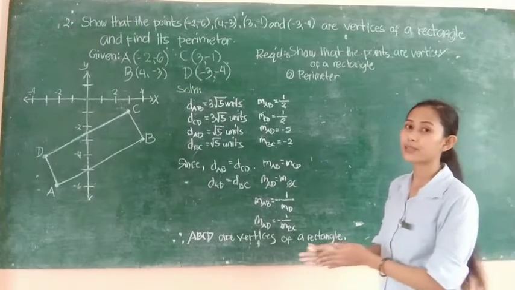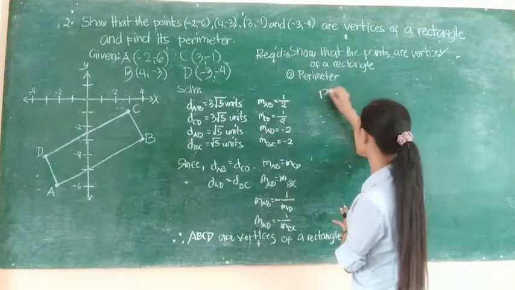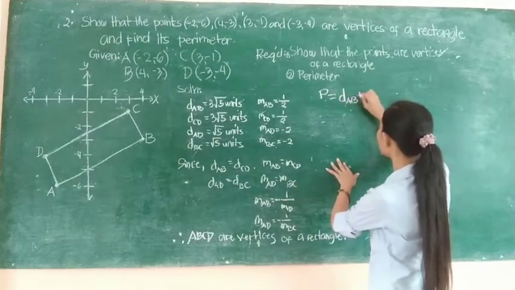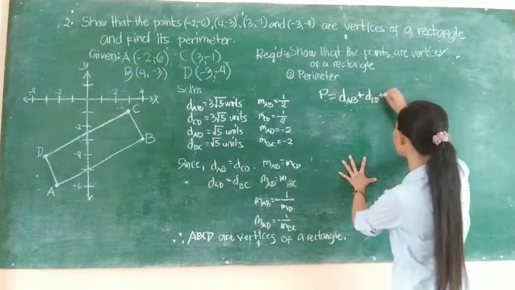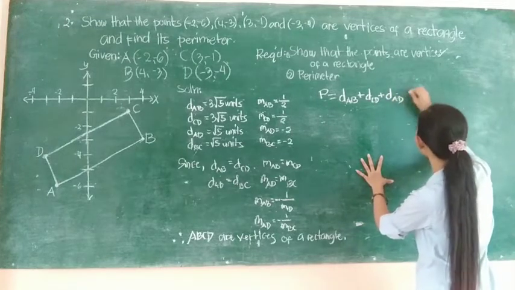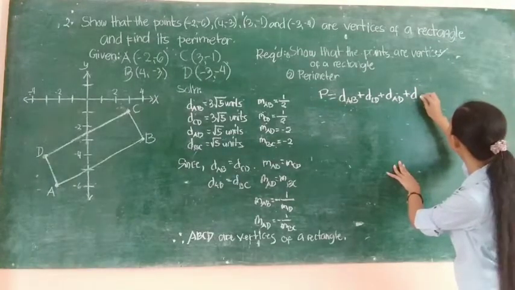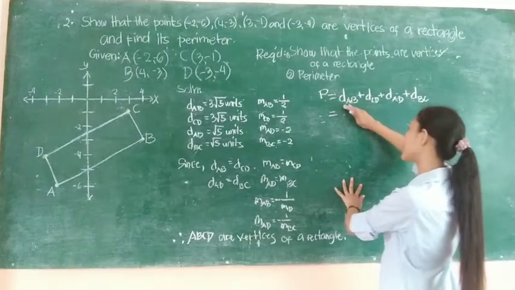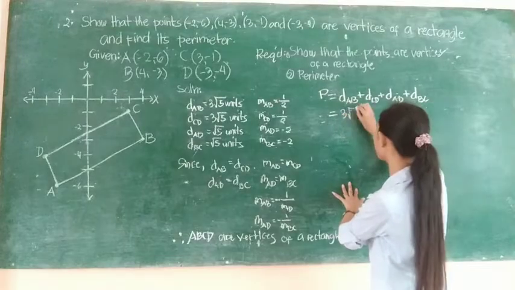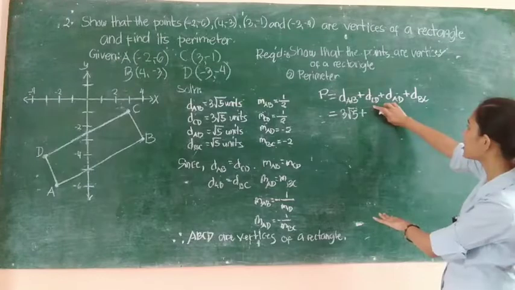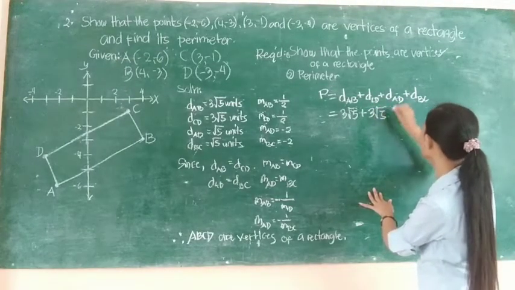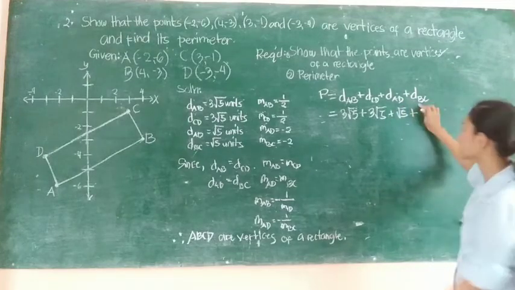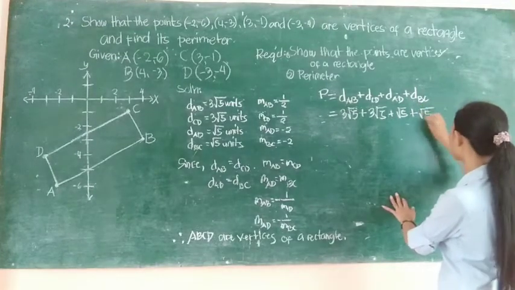Now let us proceed in finding the perimeter. So the formula is P is equals to D sub AB plus D sub CD plus D sub AD plus D sub BC equals, the distance of point A and B is equal to 3 square root of 5 plus the distance of C and D is equal to 3 square root of 5 plus distance of the point AD is equal to square root of 5 plus the distance of the point BC, which is square root of 5.